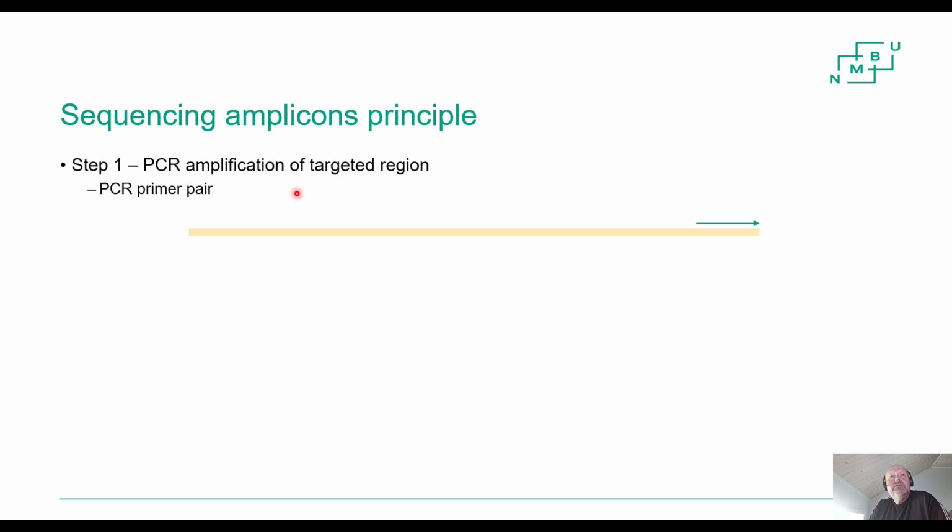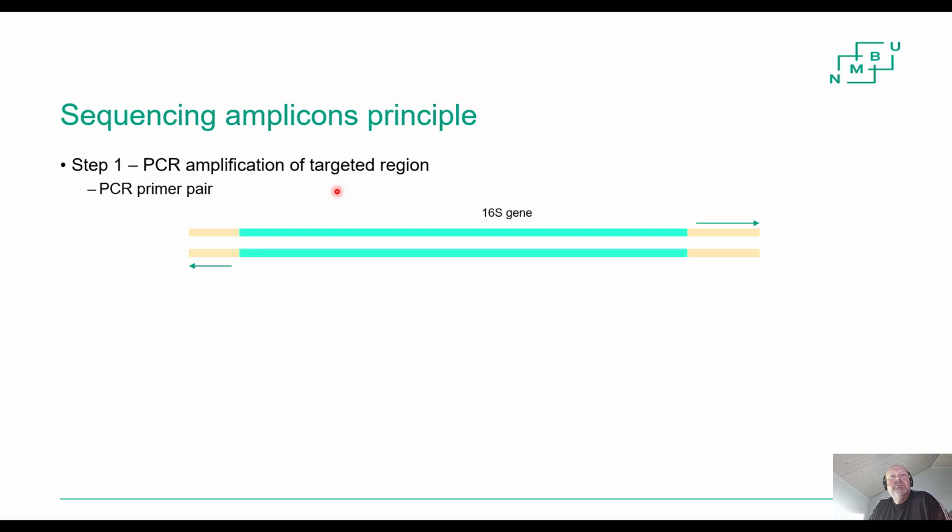So we can imagine we have the genome here, piece of the genome, and here is the 16S gene that we want to amplify, but not the whole gene. We design primers that will match here and here. And this means that we will now amplify this part here from this primer to this primer. This will be copied out of the genome. This is the one we will sequence later. That's the idea.